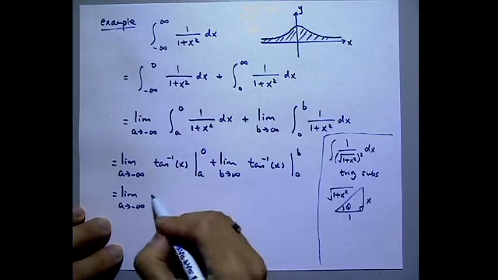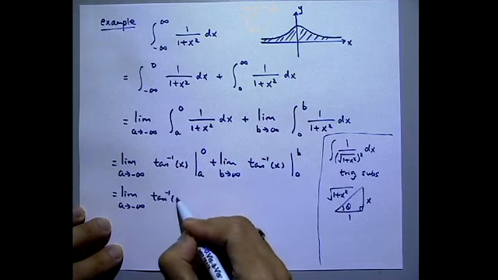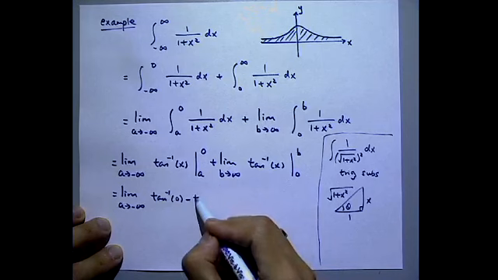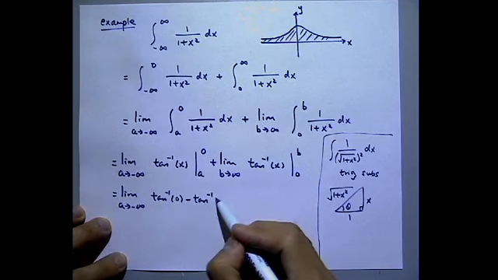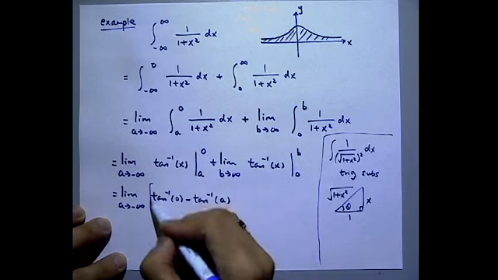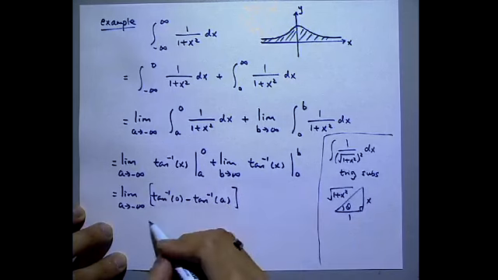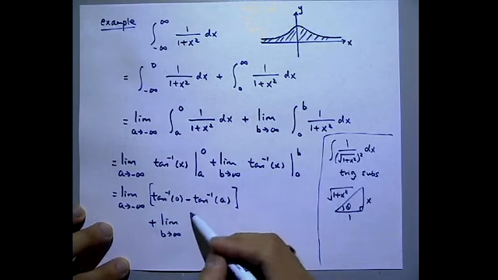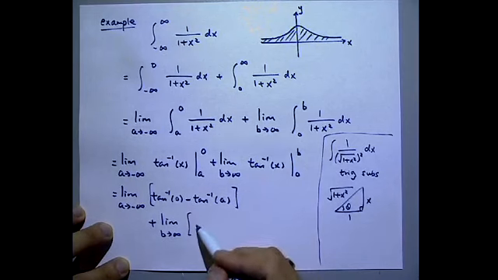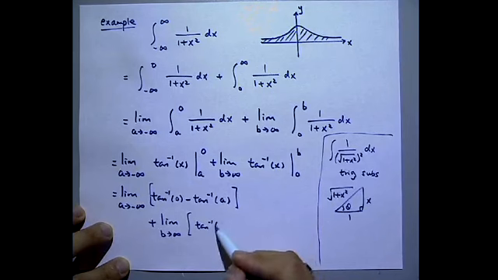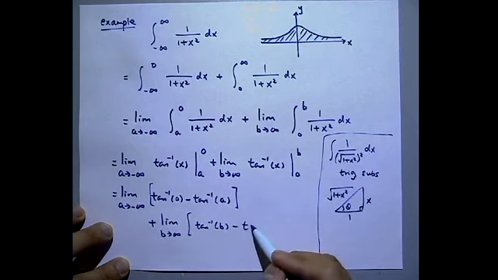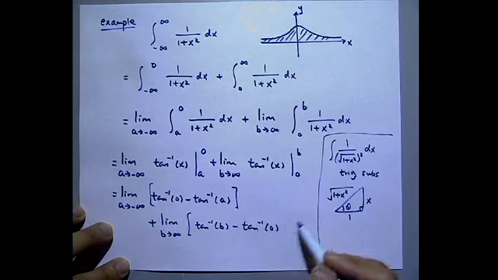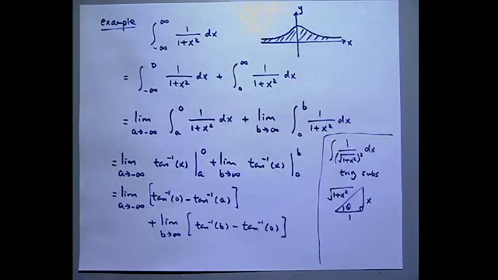So we get inverse tangent of 0 minus inverse tangent of a, plus limit b to infinity inverse tangent of b minus the inverse tangent of 0. Okay?